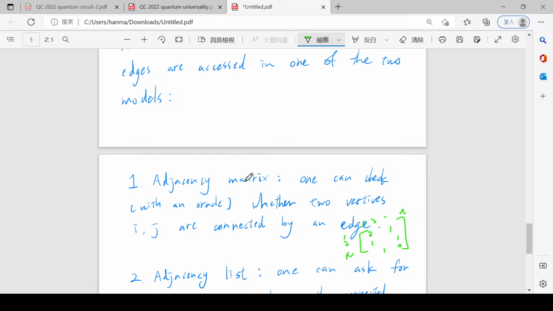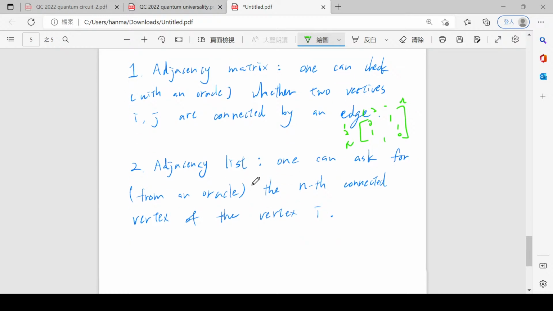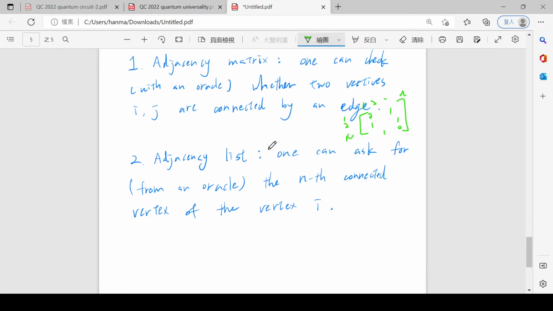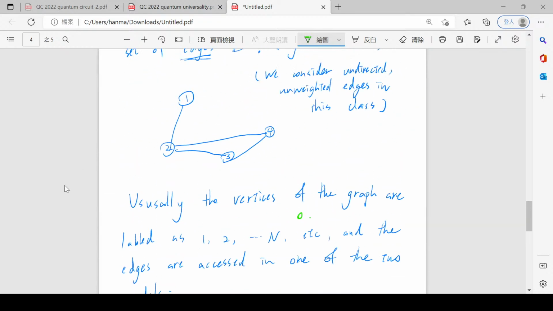And so that's the density matrix model, and there's another model that's called the density list. And yeah, so this is also something people consider. So instead of asking whether two vertices are connected, in this model the oracle is, I guess, a bit smarter. You basically ask what are the neighbors of some vertex, and it will give you the neighbors in order.